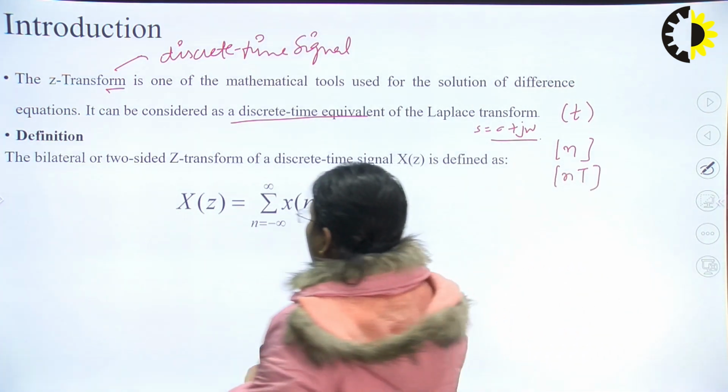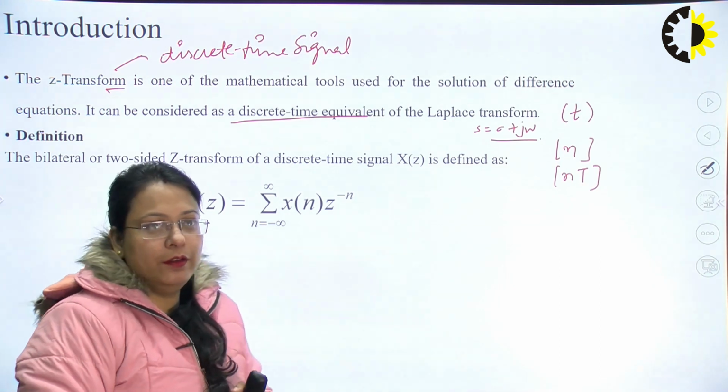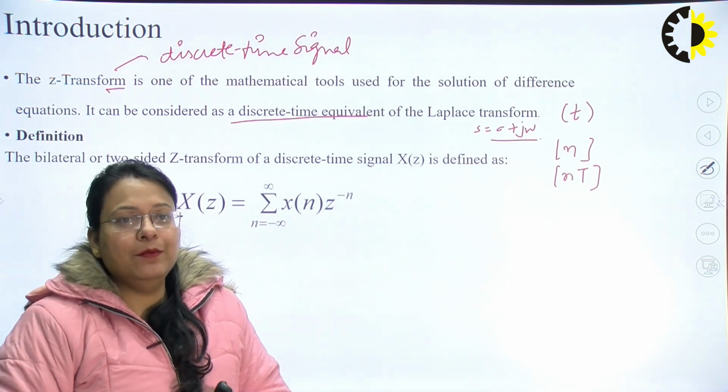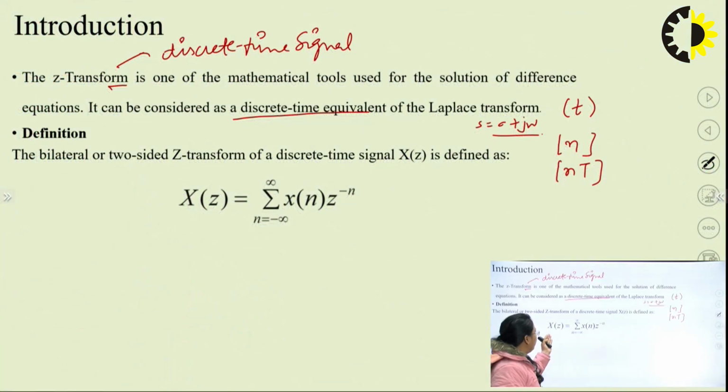The definition of the Z transform for a discrete time signal is X(z) equals the summation from n equals minus infinity to infinity of x[n] z to the power minus n. This is the definition for the bilateral or two-sided Z transform.